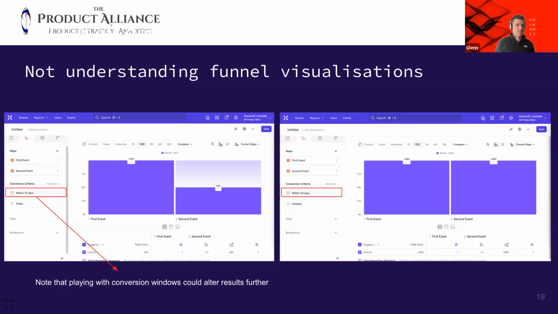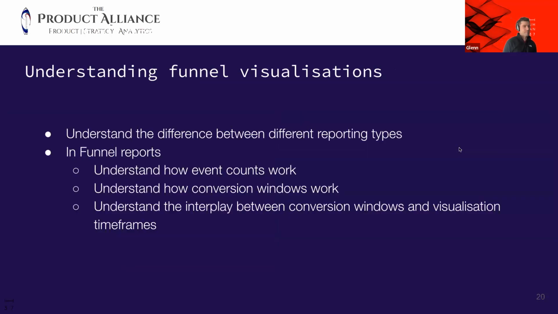And the last piece is the combination between conversion windows and the date picker on the top right in most platforms, where sometimes conversion windows are longer than the date picker window, and that also throws people off. So the main takeaway is understanding visualizations for funnels. Make sure you understand that it's fundamentally different from other reports.